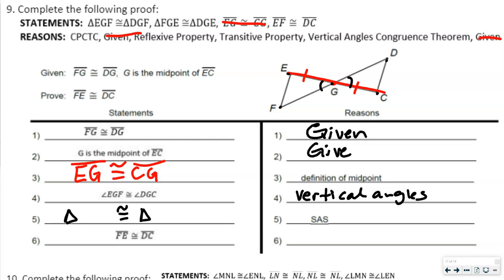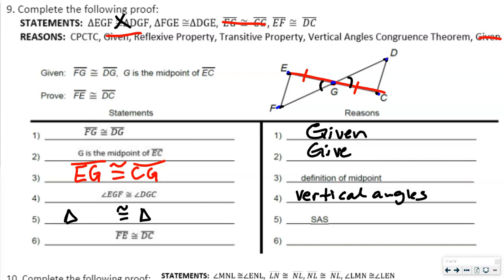So I got a triangle that's congruent with a triangle, right? That's what side angle side means, is that something's congruent with something. So let's check these statements up here. So we got EGF, EGF. Okay, so if it was EGF and we went across that one tick side first, then it should be CGD. So it's definitely not that one. And we've only got one other one, so let's check it too. So this one is FGE. So we went across the side that didn't have a tick, right? So that's DGC.